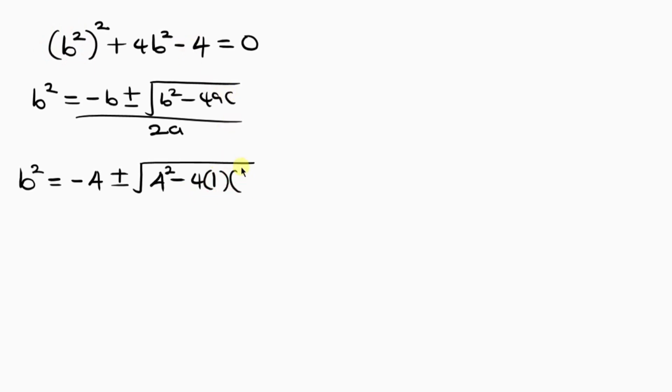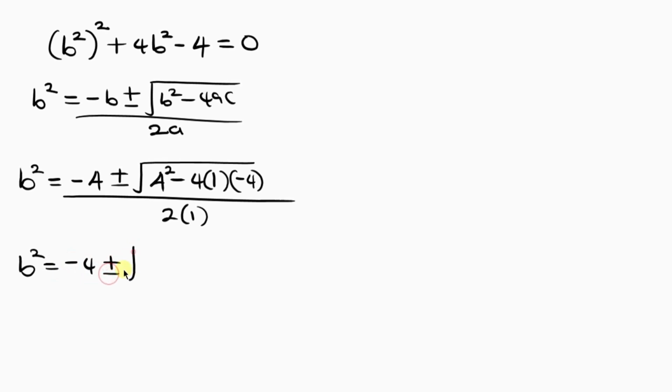C is the constant term, which is negative 4, all over 2 times a. That's 2 times a. A is what? 1. So b squared will be equal to negative 4 plus or minus the square root of, now 4 squared, that's 16. Now minus times minus, I'm going to have plus 4 times 1 times 4, that's also 16. So all over 2 times 1, that's 2.